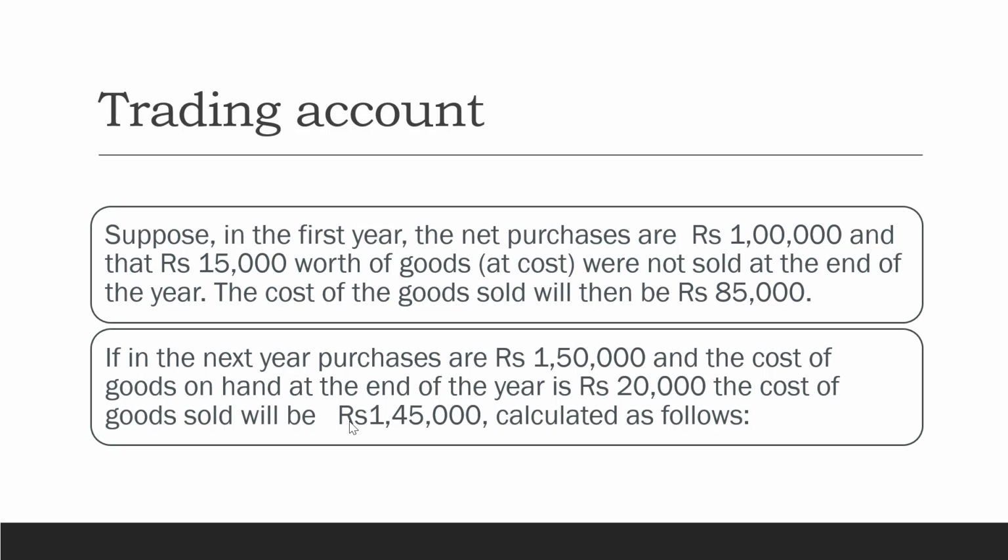If in the next year purchases are rupees 1,50,000 and the cost of goods on hand at the end of the year is rupees 20,000, the cost of the goods sold will be rupees 1,45,000, calculated as follows. Now, can you find out, without even going to the next slide, how this 1,45,000 has been arrived at? Just apply your mind.